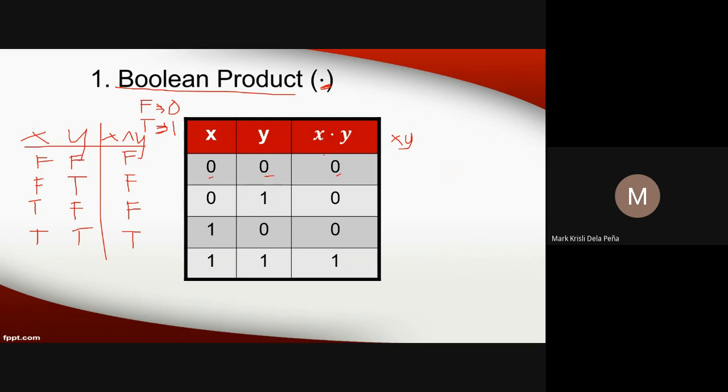So if you compare, this is 0, 0, 0, 0, 1, 0, 1, 0, 0, 1, 1, and 1. Again, the laws and the connectives or operators in logic are just equivalent in Boolean algebra.